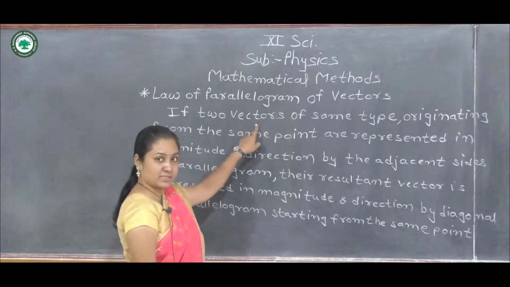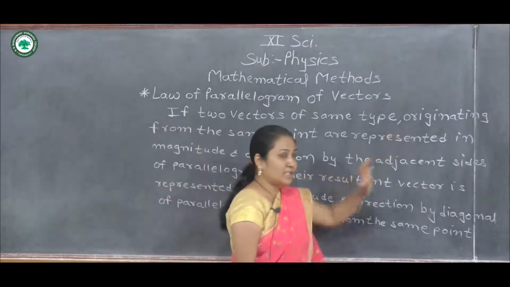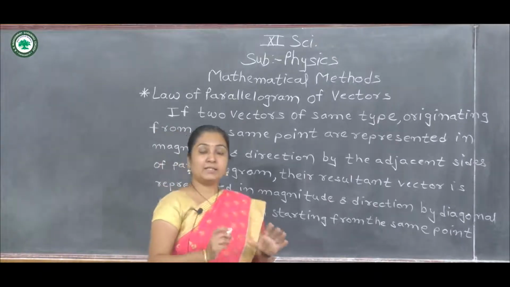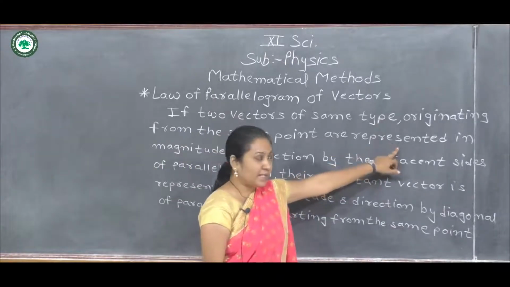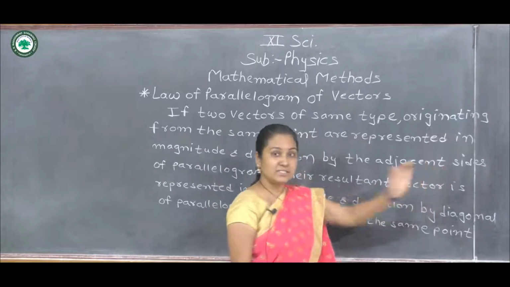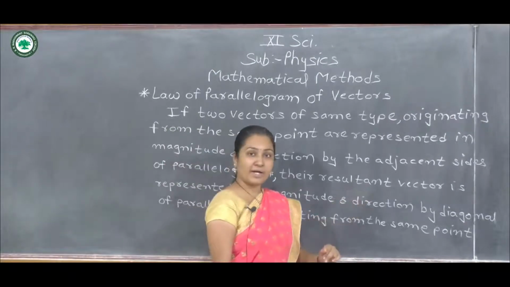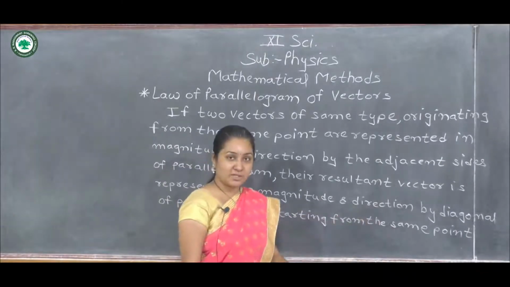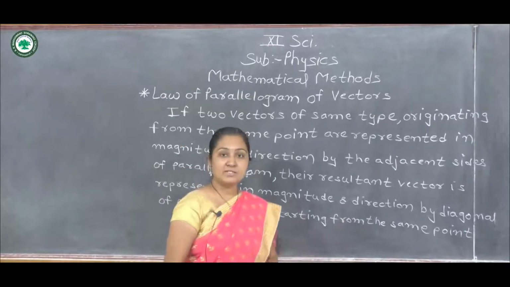If two vectors of the same type, that means vectors should be of the same type, originating, that means they are starting from the same point, that is the tails of the vectors meet at the same point, are represented in magnitude and direction by the adjacent sides of a parallelogram, then their resultant vector is represented in magnitude and direction by the diagonal of the parallelogram starting from the same point.